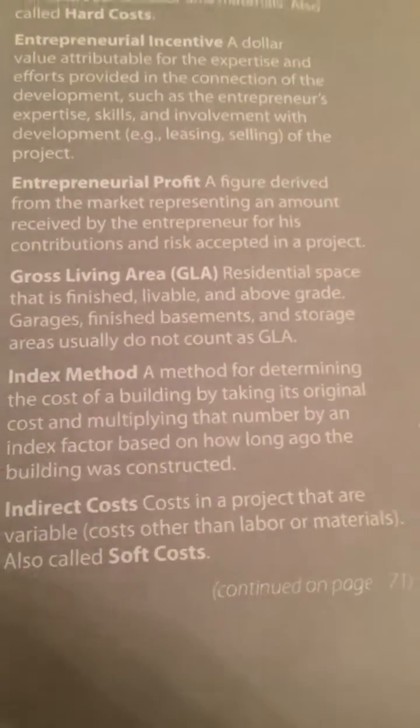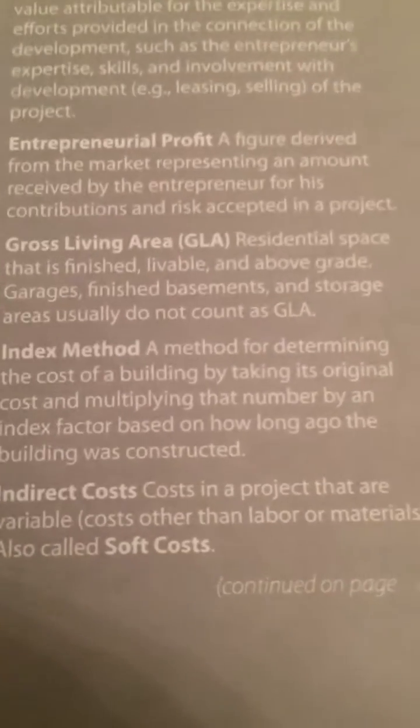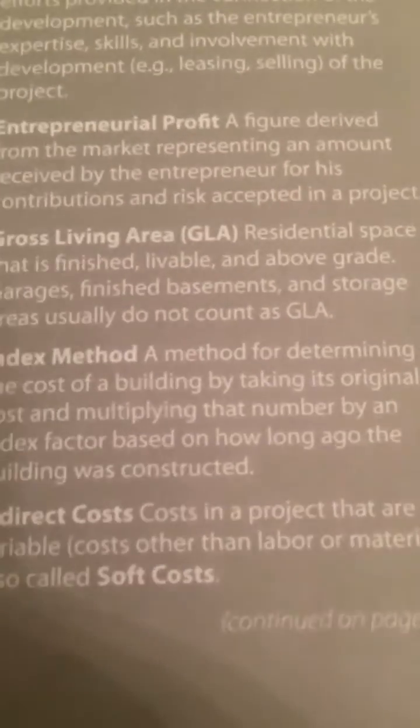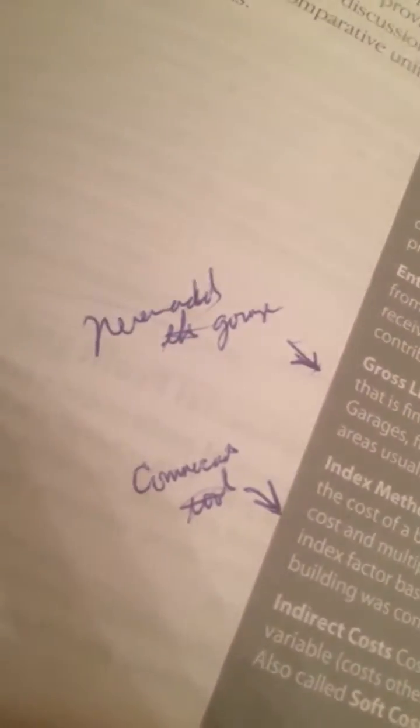Indirect costs, costs in a project that are variable, costs other than labor or materials, also called soft costs. Extra note for GLA: never add the garage. Index method, a commercial tool.